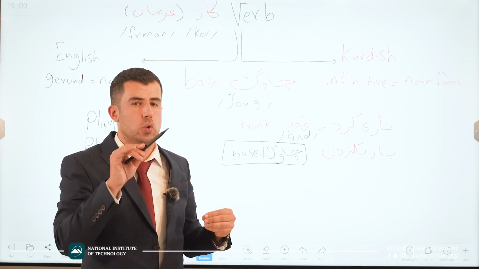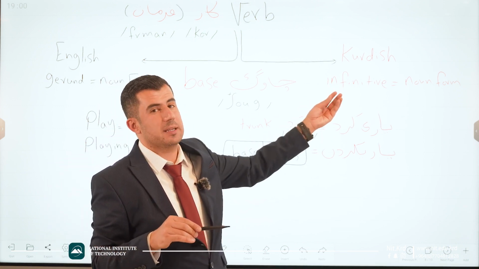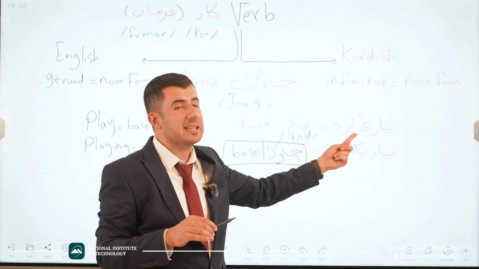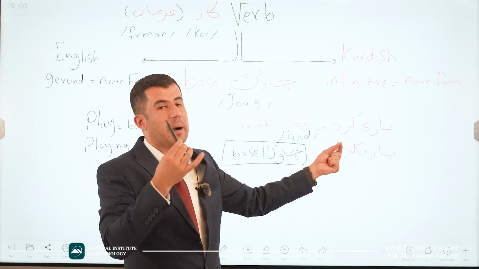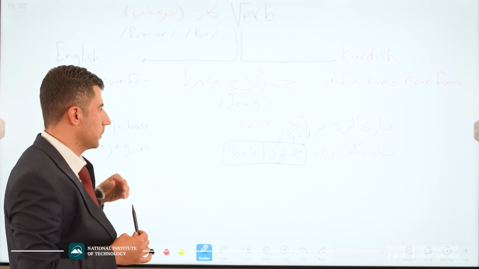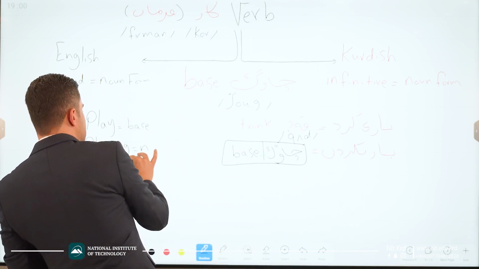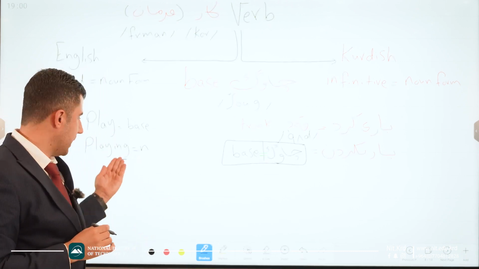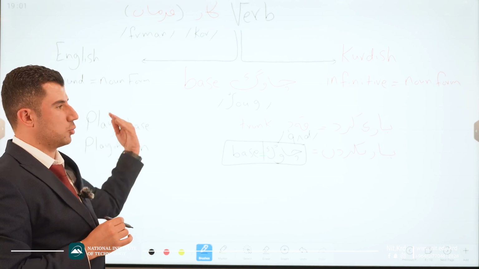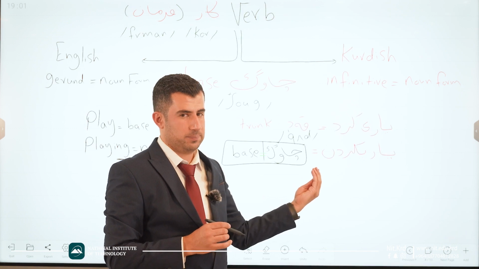But if we use this in Kurdish, play, by removing noon, which is the last n from the infinitive verb in Kurdish, we say yari kirt. Yari kirt, it's related to the past. It doesn't relate to the base form. Just for example, when we delete this ing, which is the noun form, for example, playing, right now, if we translate it to Kurdish, it becomes yari kirdin.